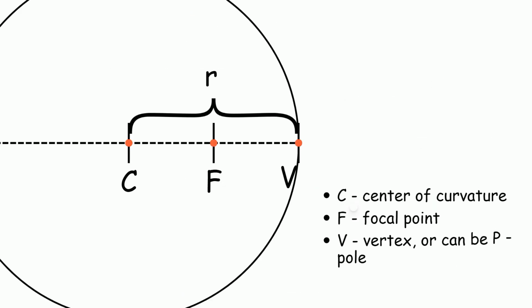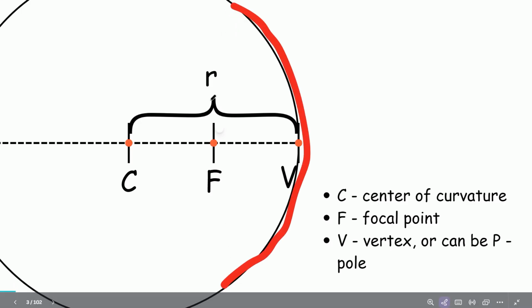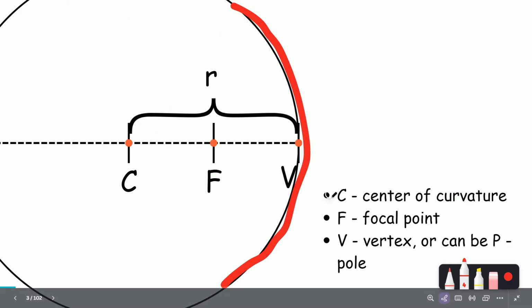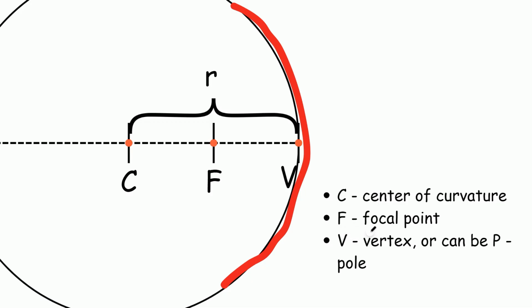And then let's have a continuation for the parts of the ray diagram. We have the CFV. C stands for the center of curvature because tunga siya sa circle. But sa pag-drawing na to sa ray diagram, it will only be this side and not the whole circle. And then we have the F for focal point, and then V for vertex, or it can be P for pole.